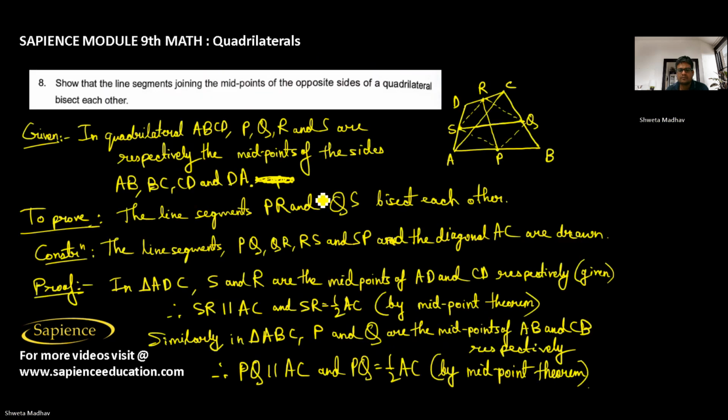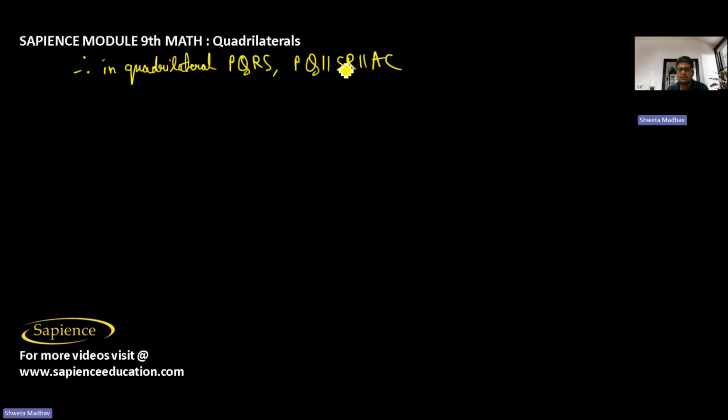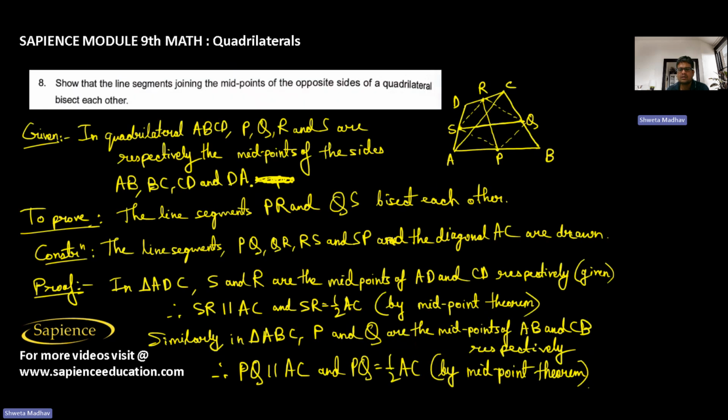Now therefore I can say that in quadrilateral PQRS, PQ is parallel to SR, which is parallel to AC. Since we have proved that both are parallel to AC, both are parallel to each other also, and PQ will be equal to SR, since both are equal to half of AC.